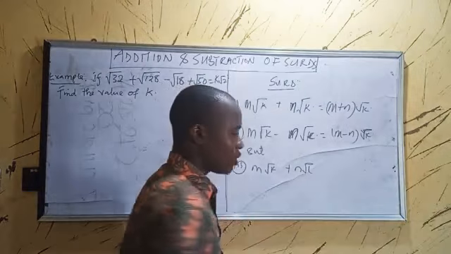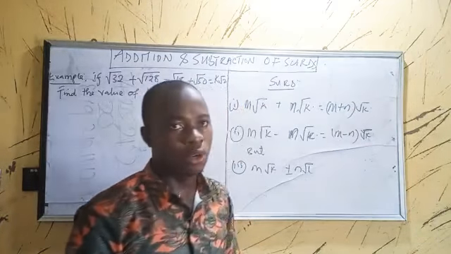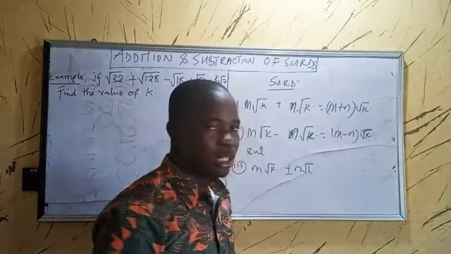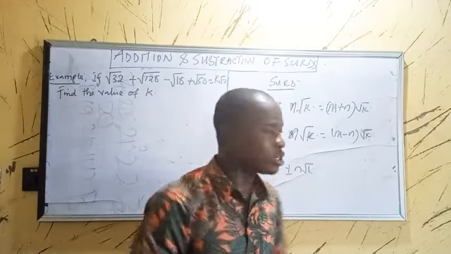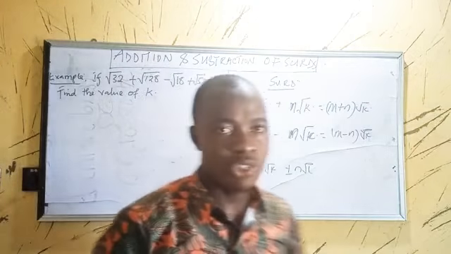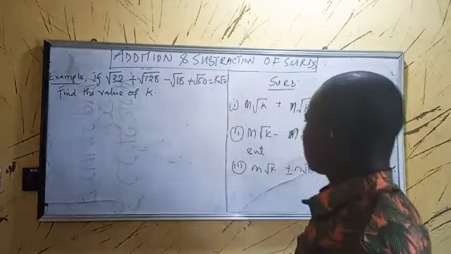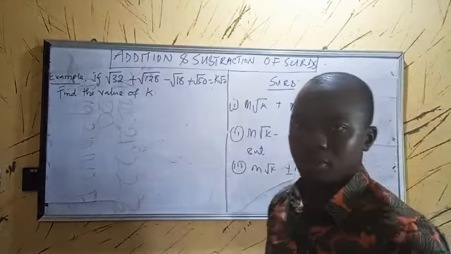So they are not alike, therefore you cannot add. And at the same time, if you have minus there, you can't subtract. Are you getting it now? Those are the ideas we are going to be using while solving problems on addition and subtraction of surds.